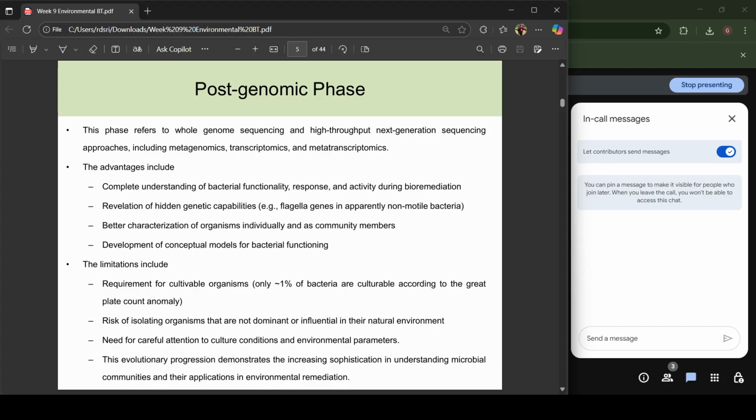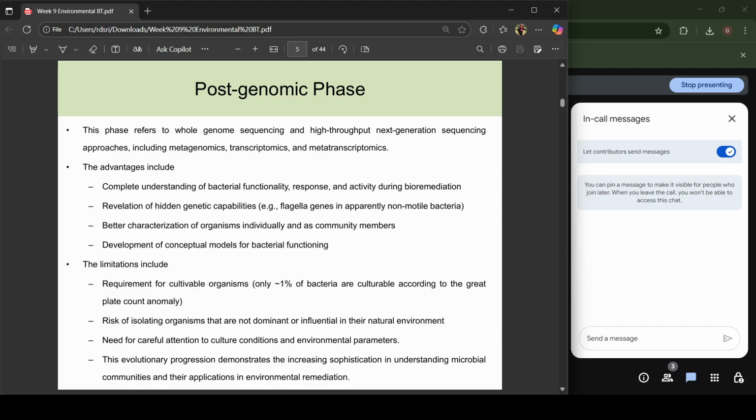In the post-genomic phase, after the advent of whole genome sequencing, especially the high throughput NGS sequencing, the era of the post-genomic phase started. The primary advantage of the post-genomic phase is it gives a complete understanding of the microbial function and its response to a particular environment.